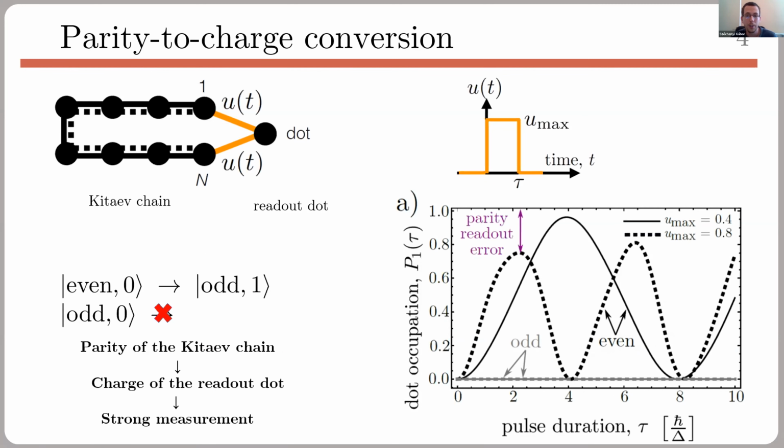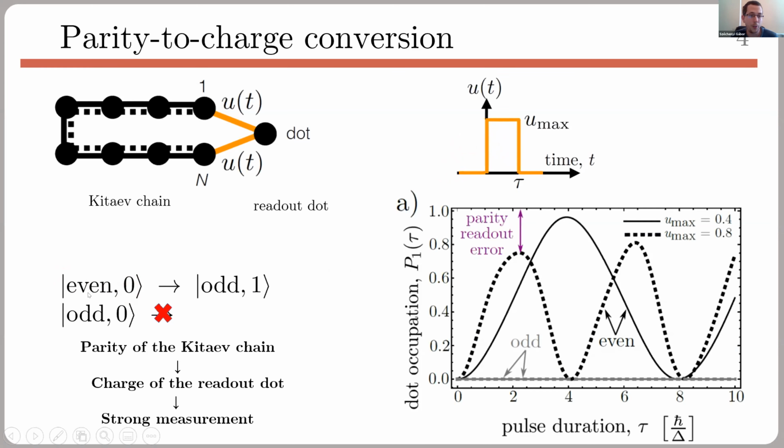So the question: how can we make the parity to charge conversion in this system? Here we should switch on an appropriately chosen square pulse on the tunnel barriers. The square pulse induces a Rabi oscillation between the wire and the dot. So let's see the details. For example, if we have an even 0 state, this is the initial state.